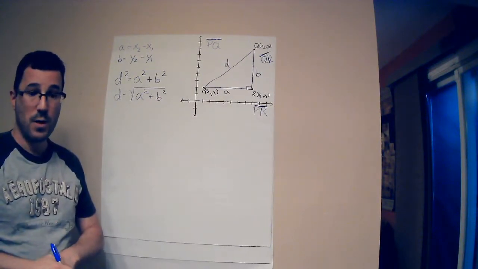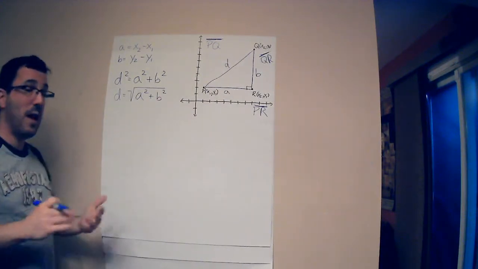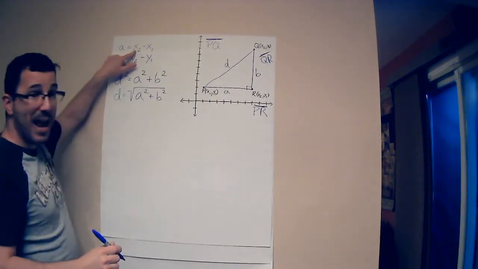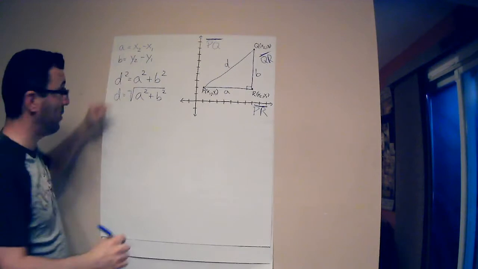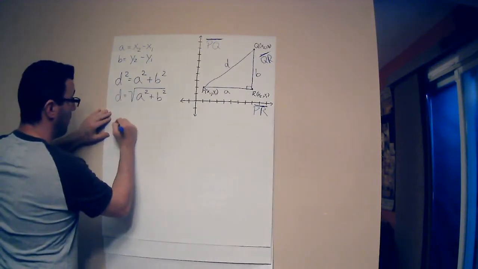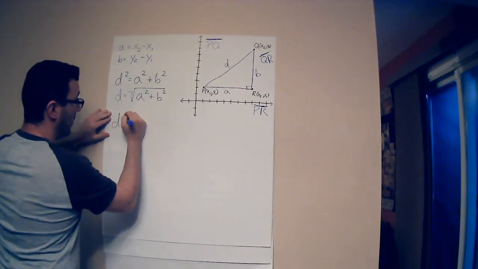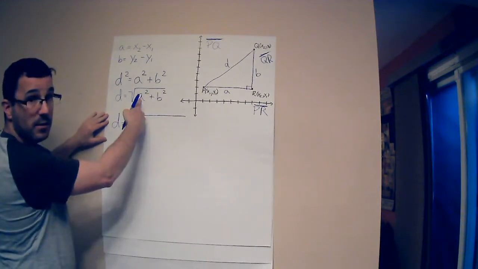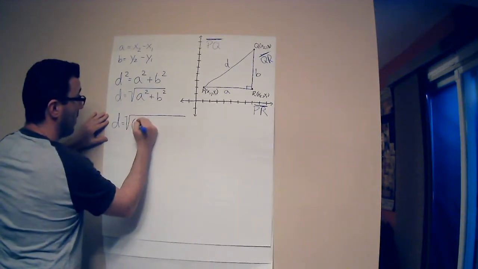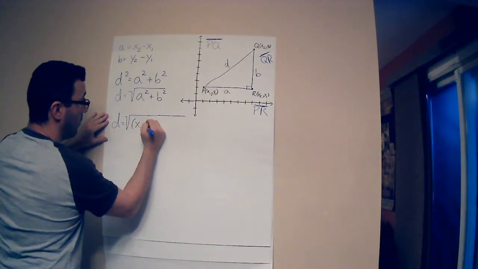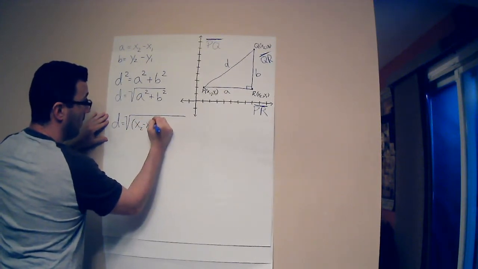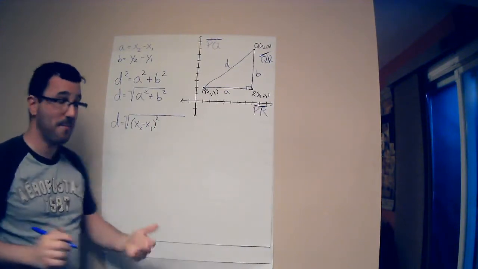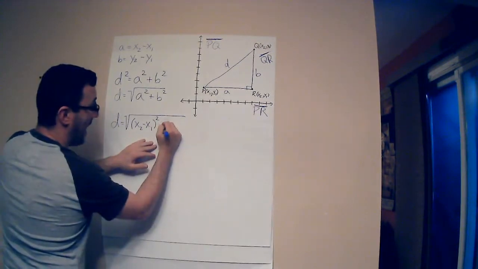Okay? Now again, we don't have an actual value for a, but what we do know is that a is x2 minus x1. So I am going to substitute a with x2 minus x1, and whatever that difference is, I'm going to square that, and I'm going to add that.